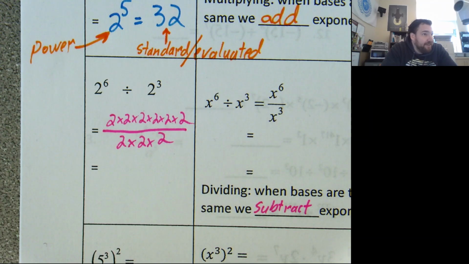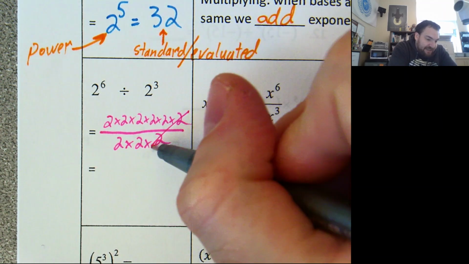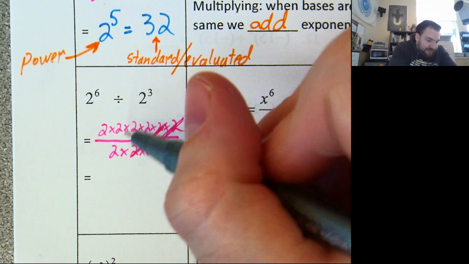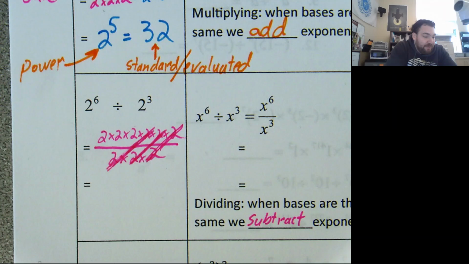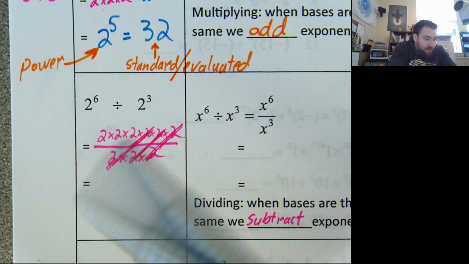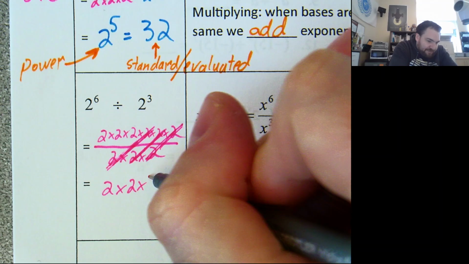And when we're multiplying and dividing, if that's all we're doing, we can do that in whatever order we want. So 2 divided by 2 is 1. This cancels away. 2 divided by 2 is 1. Those cancel away. 2 divided by 2 is 1. And those cancel away, leaving me with how many 2's multiplied together? 3 of them.